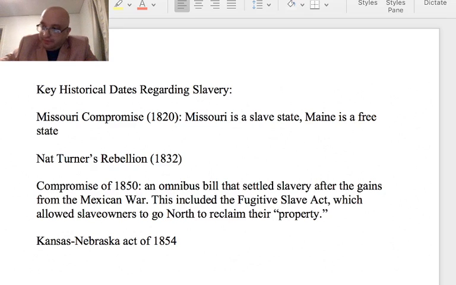But a little bit of context is in order to see what was going on politically up until about the Civil War. As I mentioned to you before, the South became an agricultural society based off of raw goods, right? So they would ship off tobacco.